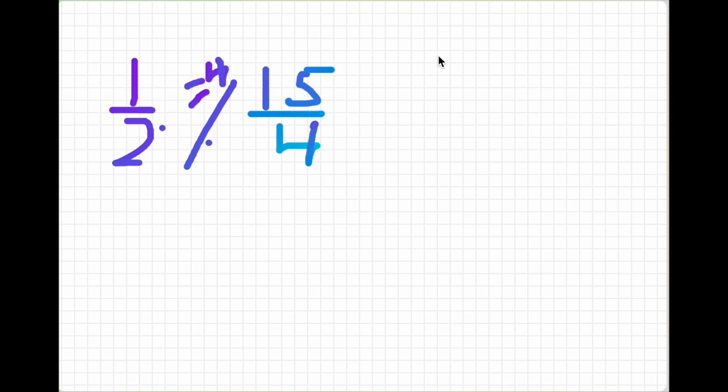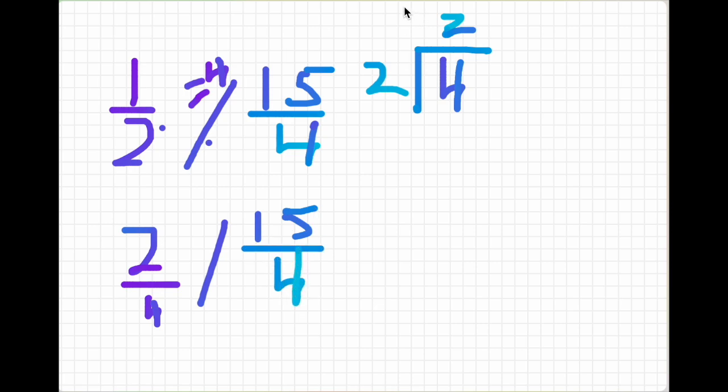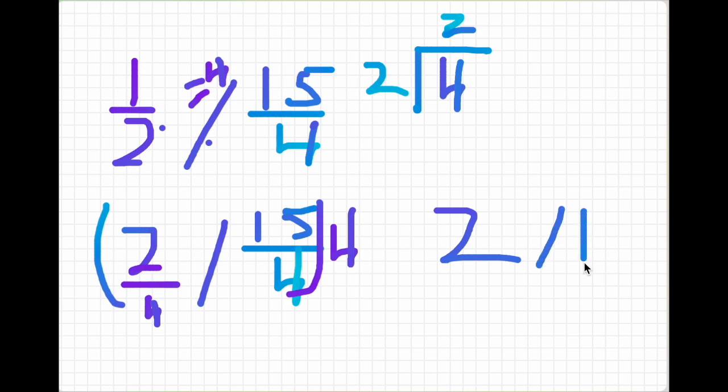And what we basically do is 4 divided by 2 is 2. So that turns into 2/4 being divided into 15/4. So we can just multiply this by 4. So we are just doing 2 divided by 15.